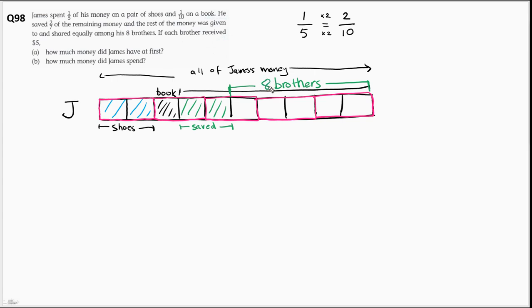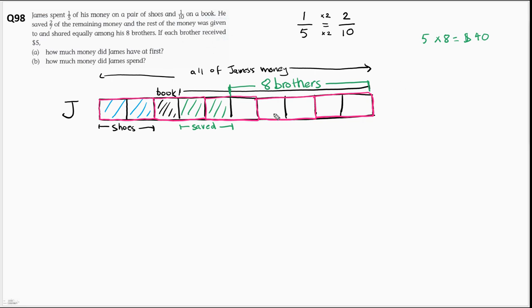We are told that each brother received $5. Now, you might then realize that 5 times 8 would give you the total amount of money that was given to the brothers. So 5 times 8 is 40, of course. All right, so we know that $40 in total was given to the brothers.